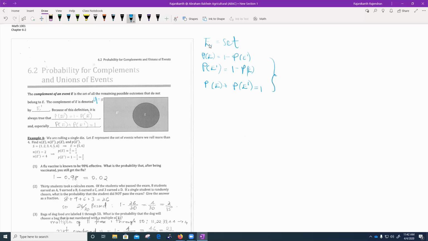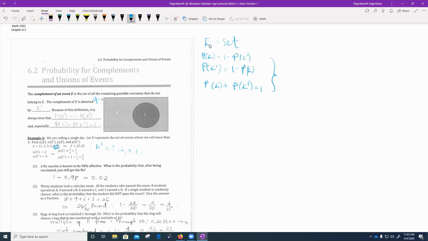Of course, I have 2 of them, that is why my event E contains 5 and 6. Once you know set E, we know how to find E prime, the complement of event E: whatever we have in the sample space excluding these. The remaining outcomes belong to my E prime. Therefore, my E prime event is 1, 2, 3, and 4.